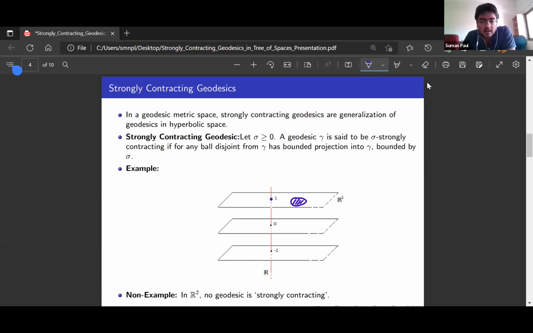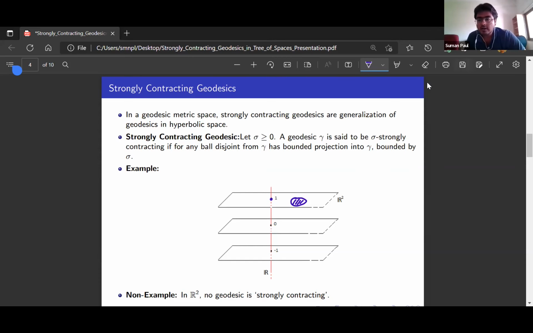Non-example in the sense that can we get a space where no geodesic is strongly contracting? Yes, we do have, and this is the standard Euclidean space, where no geodesic is strongly contracting for the obvious reason, right? You take two parallel lines which are far away, but the projection is not bounded, right? So no geodesic is strongly contracting.